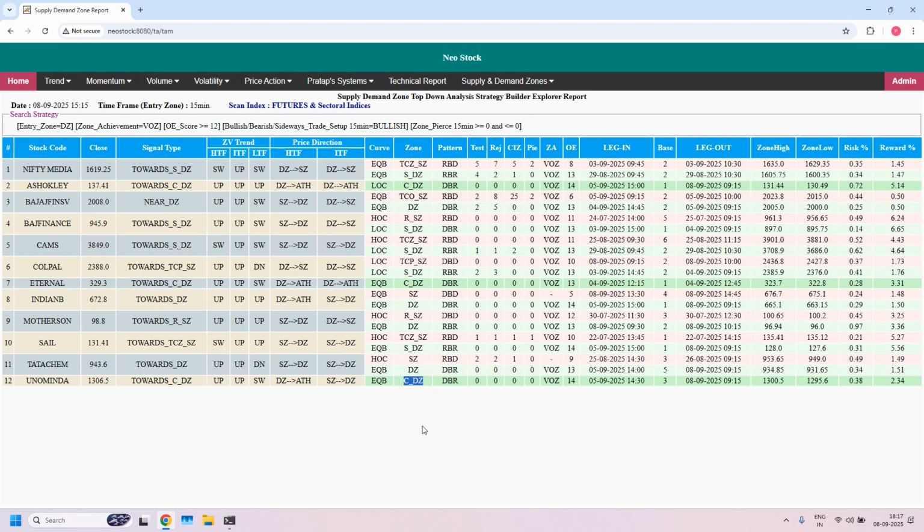So total we got 12 stocks. Out of these 12, how many have a higher probability of success? That we filter based on different zone confluence and EMA confluence strategies we learned in lesson 27.